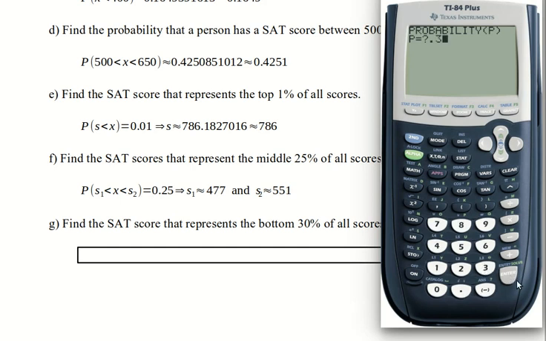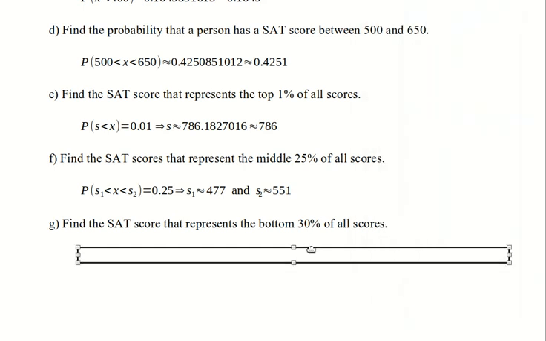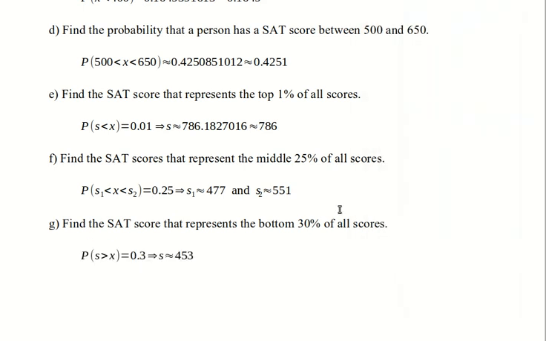We're interested in 30%, and we're interested in the bottom 30%. Well, that's the area to the left, so a 0. And it says that that boundary is at 453 on the SAT score.